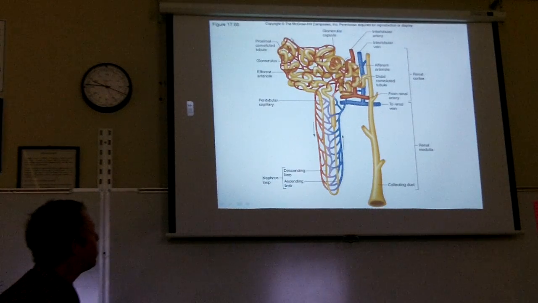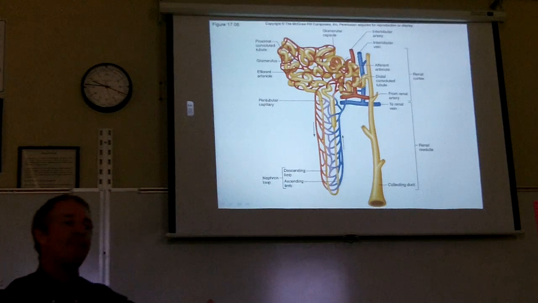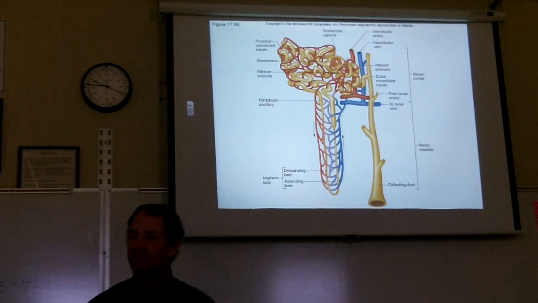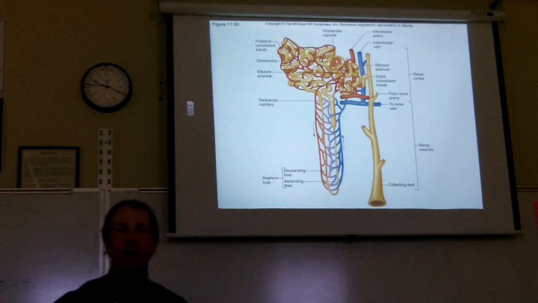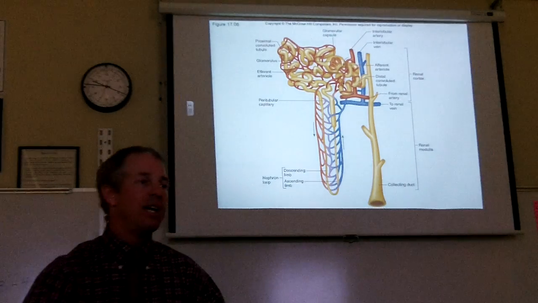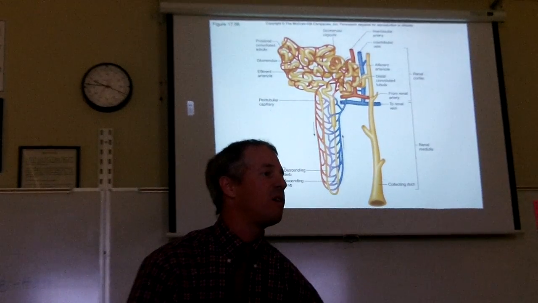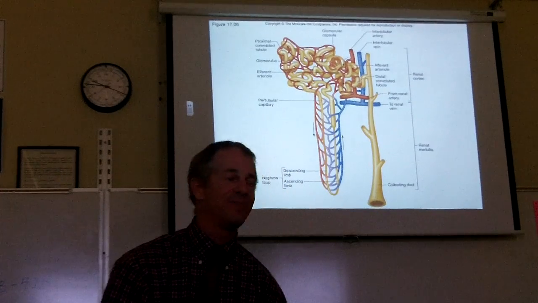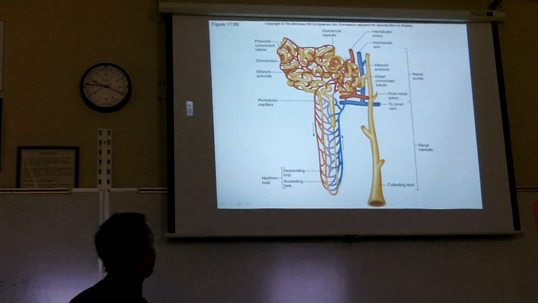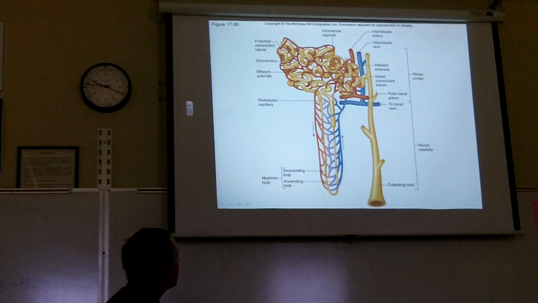And what will happen is these blood capillaries will take back all the good stuff that was in the blood. You don't want to pee out your good stuff. You don't want to pee out sugar and salt and stuff that you need in your body. You just want to pee out the waste. So all the stuff comes out of the blood in the glomerulus, and all the good stuff is reabsorbed by all these blood vessels.